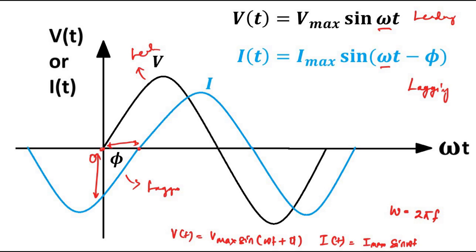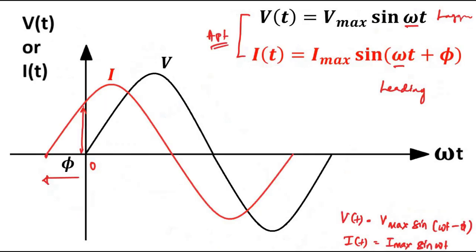The difference between the 0 points is phi radian or degree on the omega t axis. Similarly here, the 0 point of the voltage signal occurs here and the 0 point of the current signal occurs here. The difference between these two 0 points is the phase angle phi. So this is the concept of phase and phase difference.